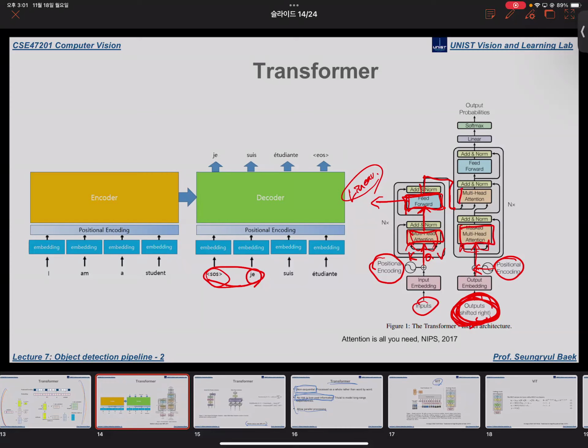But the next one, this is very important, and you can see their attention mechanism. The key, query, values are not from the same output. Okay, so here you can see that two of them are coming from the encoder output, and only one is coming from the previous output.